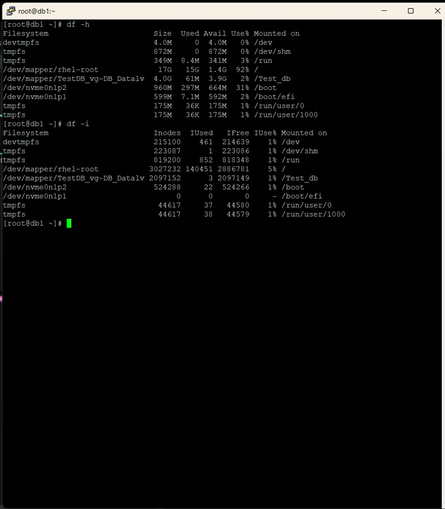If you find that inode usage is exhausted, then we can go to that particular partition and identify with the find command, using find, slash, -type f, so we can find the files which are consuming the inodes.